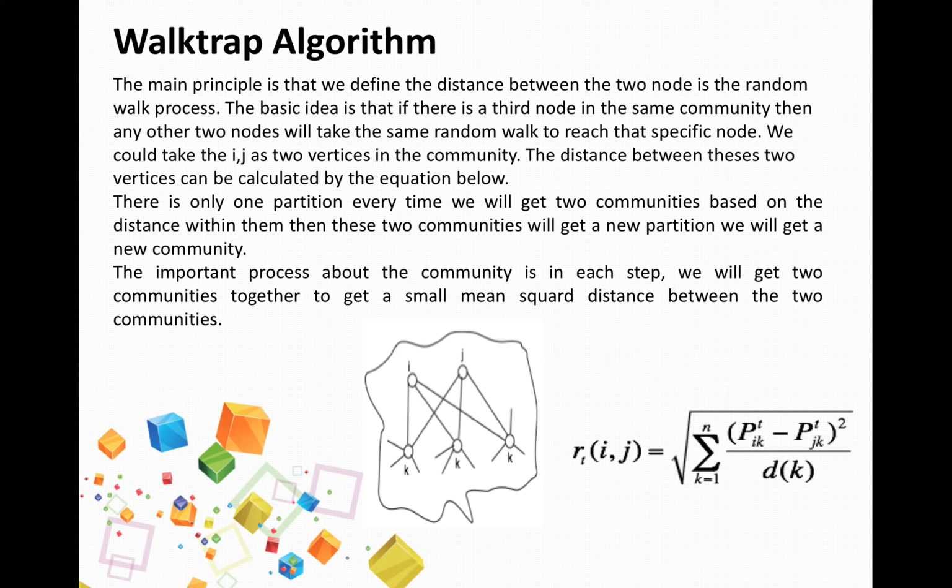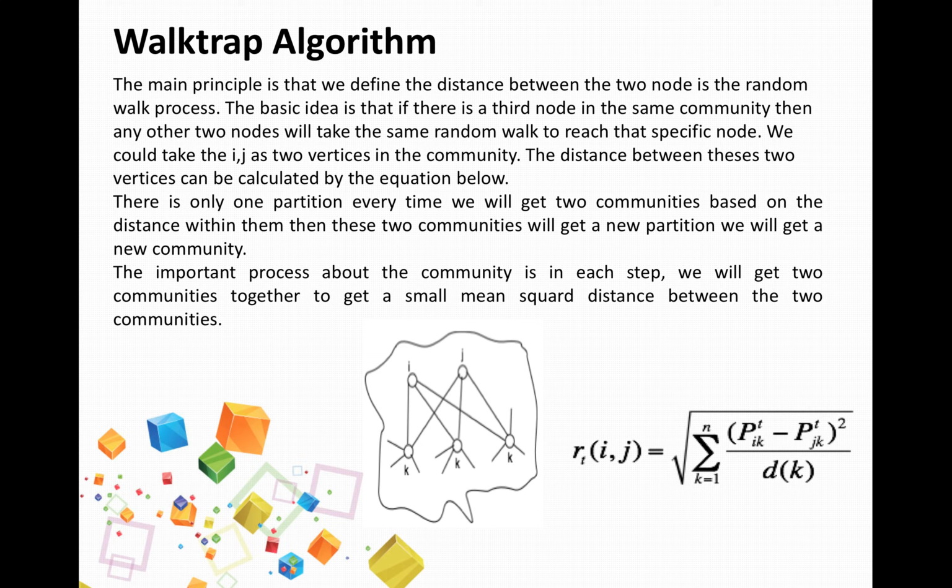Walktrap algorithm. The main principle is that we define the distance between two nodes by a random walk process. The basic idea is if there is a third node in the same community, then any other two nodes will take the same random walk to reach that specific node. We could take i and j as two vertices in the community. The distance between these two vertices can be calculated by the equation below.